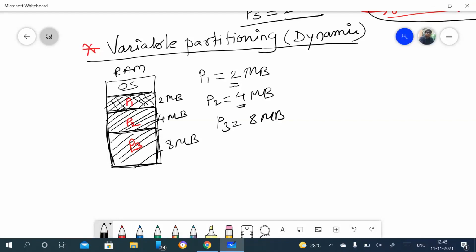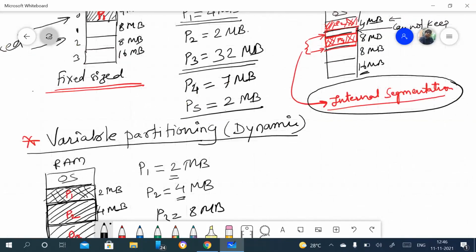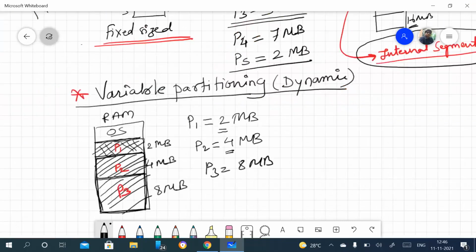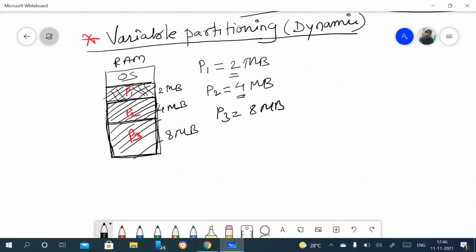If you see, we are not wasting any kind of memory here. But again, it has some drawbacks. In fixed size partitioning, the internal fragmentation problem was there. But in variable partitioning, one problem is also there, and that problem is external fragmentation. I'll tell you what external fragmentation is.